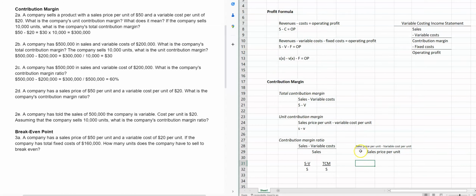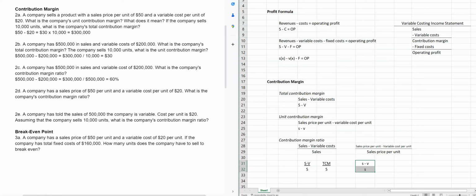All right. So sales price per unit minus variable cost per unit divided by sales price per unit. So again, we're using per units. Let's write this out in our other ways of seeing it. Sales price per unit, small s, minus variable cost per unit, small v, divided by sales price per unit, small s.